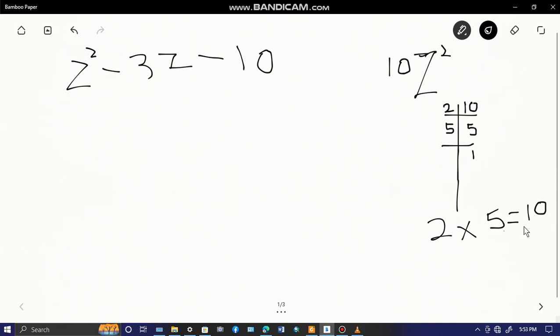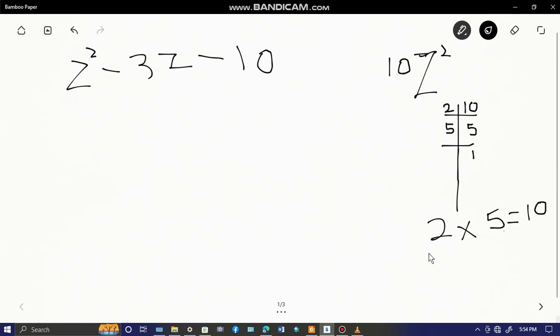But then if you look at our 10, it is a negative 10. So it means one of these numbers has to be negative. But before we choose which, let us look at 3. The middle term is negative 3. So we have to make sure whichever number we make negative, if we add it to the other number, it should give us a negative 3. So in our case, we have 5 as the larger number and 2 as the smaller number.